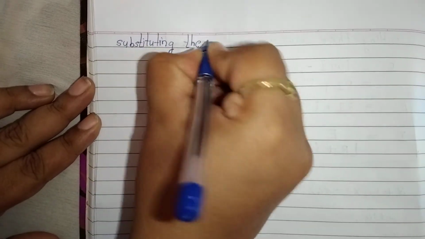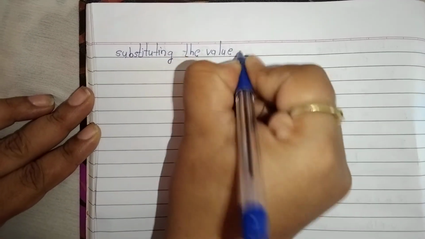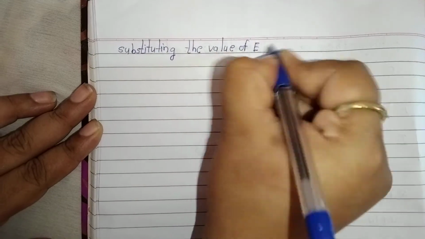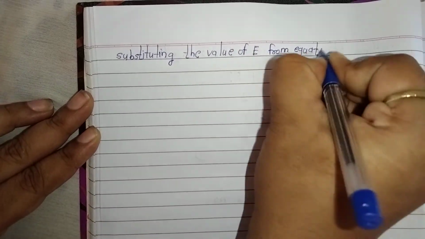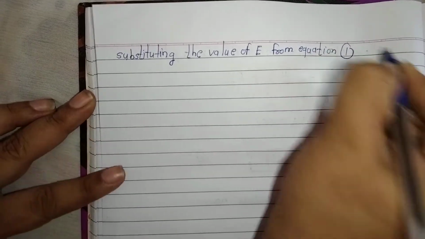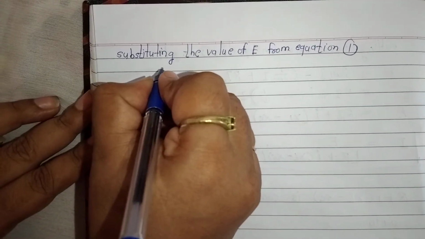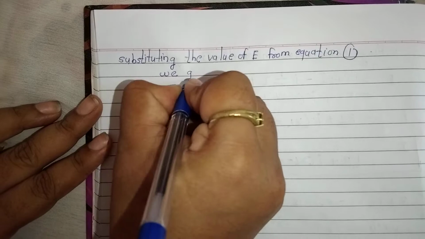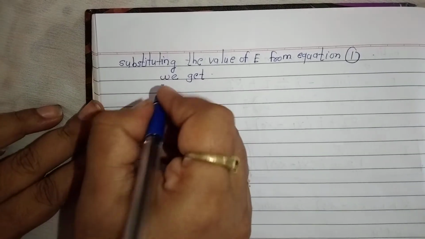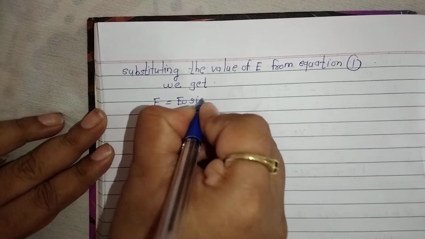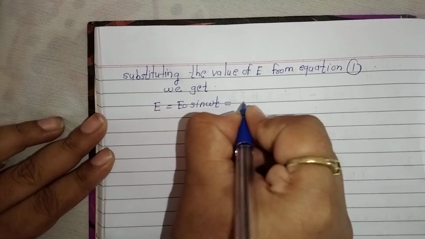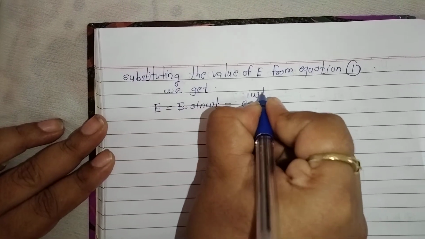Substituting the value of E from equation 1. We know equation 1: E is equal to E0 sin omega t, which is equal to E0 e raised to i omega t.